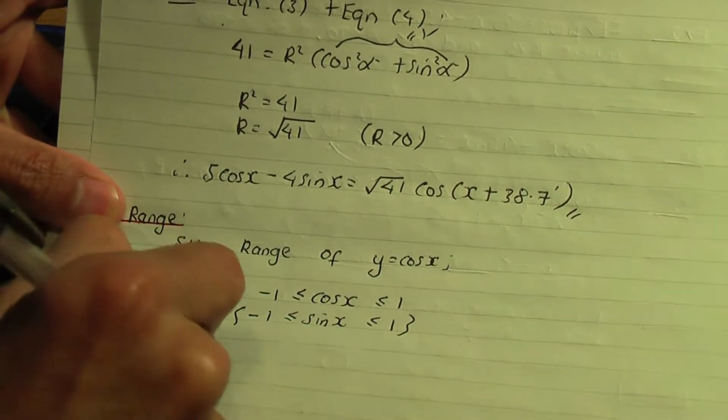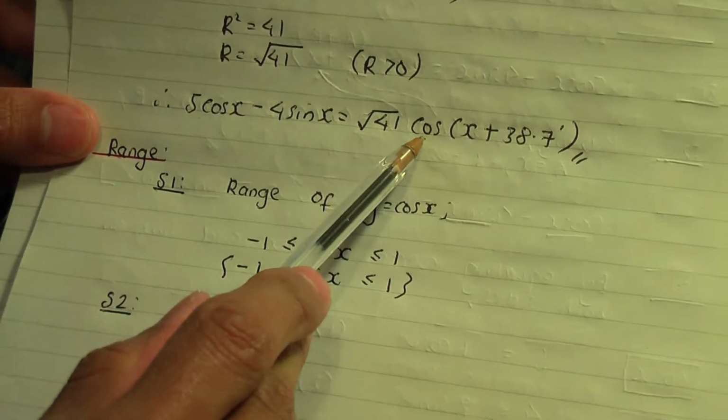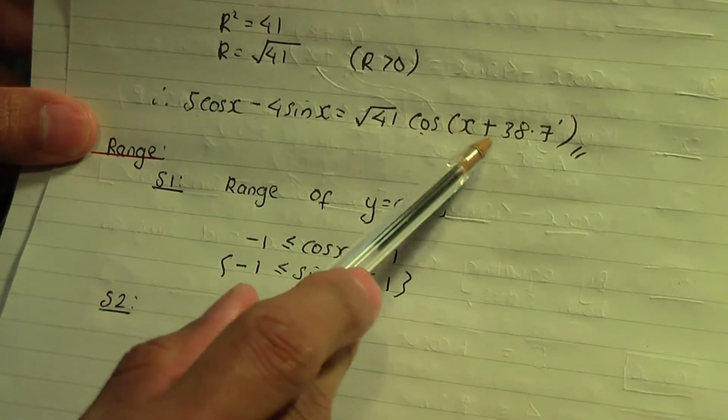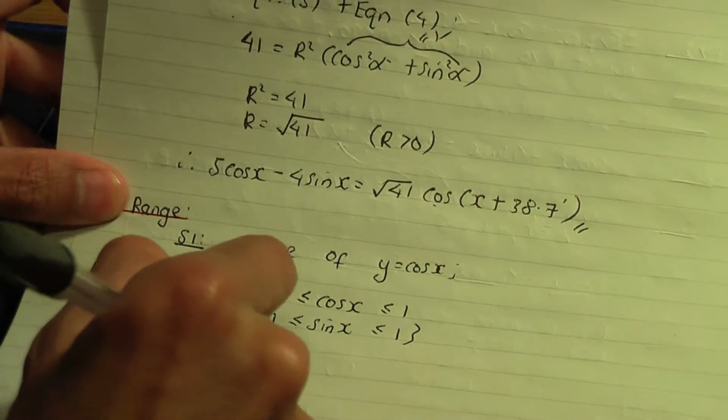In step number 2, give the range of y equals cos(x plus 38.7 degrees).